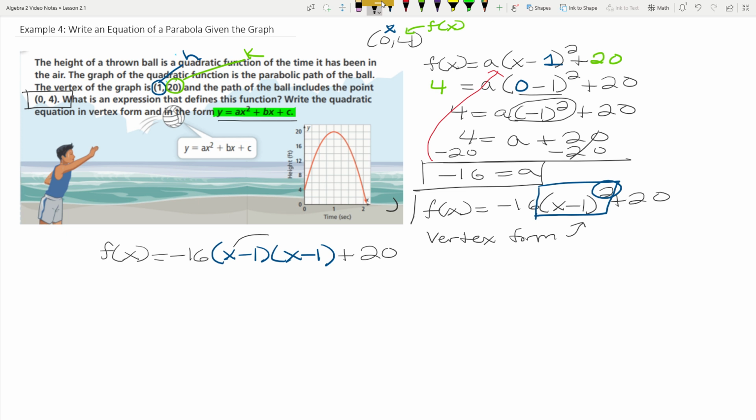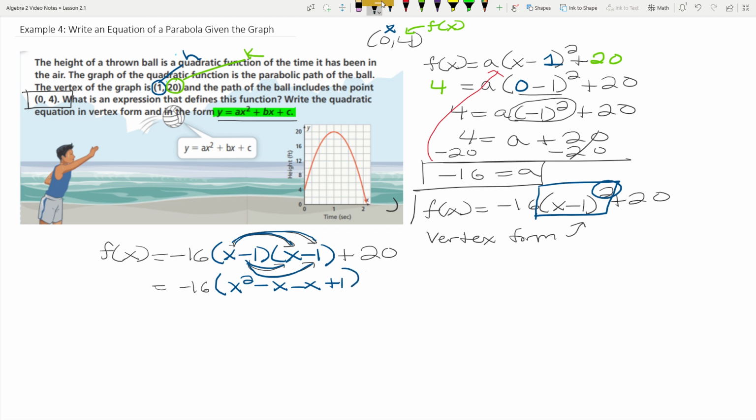Okay, so this right here is a FOIL. This is first, outer, inner, last. So we have to FOIL that. We have negative 16 times, I'm going to keep this in blue, x times x is x squared. x times negative 1 is negative x. Negative 1 times x is negative x. And then negative 1 times negative 1 is positive 1.